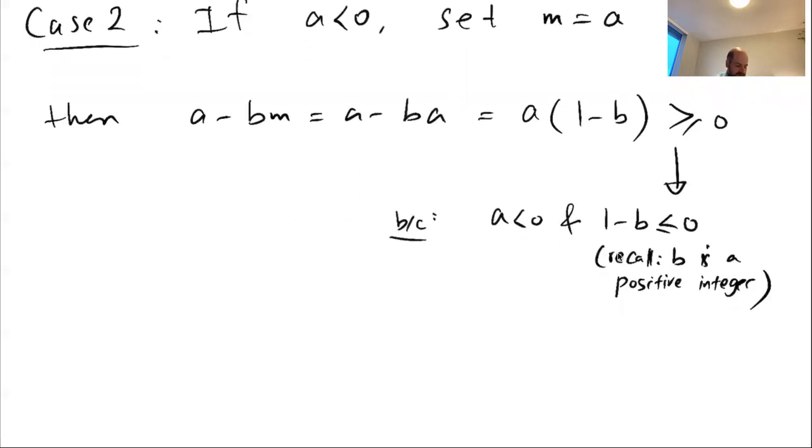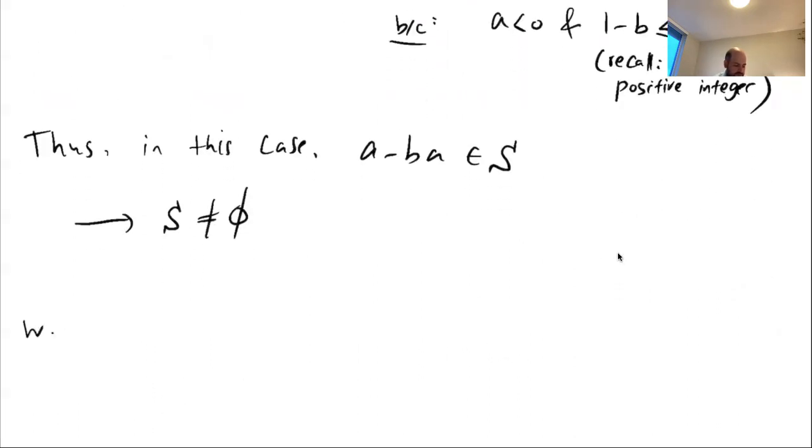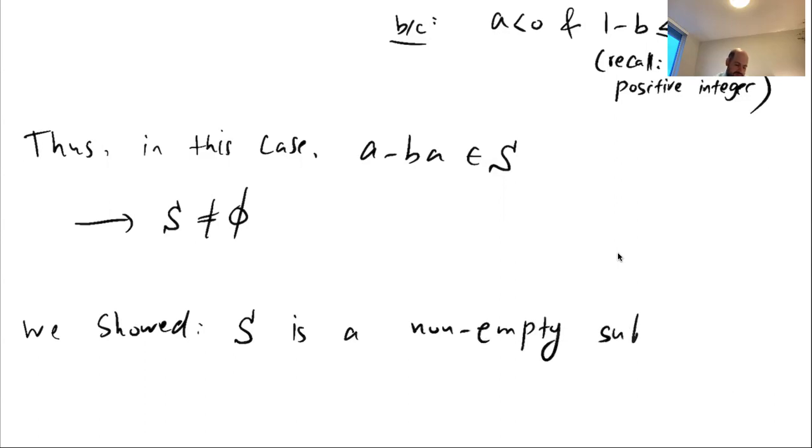So in this case, a minus ba would belong to S. And again, that means S is non-empty. So we showed that S is a non-empty subset of N.